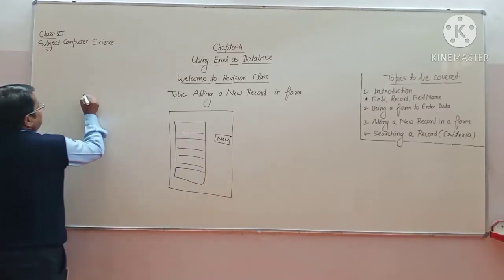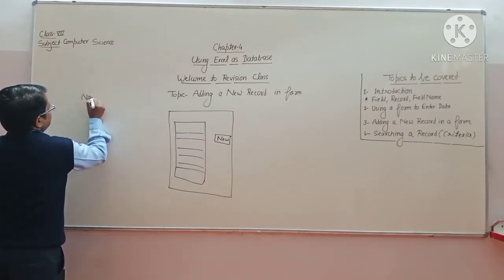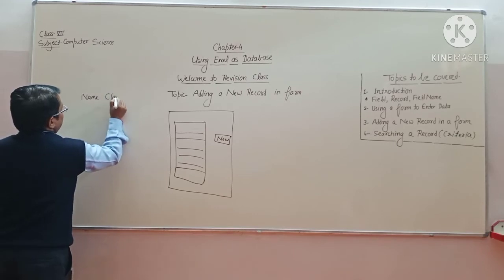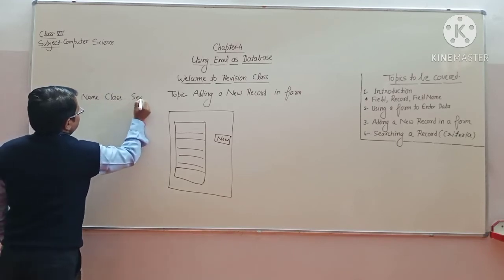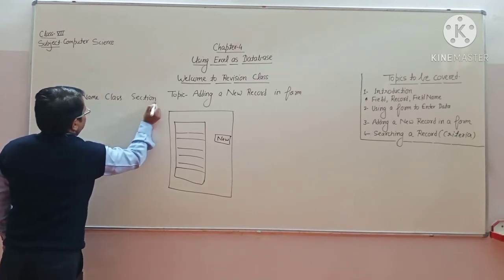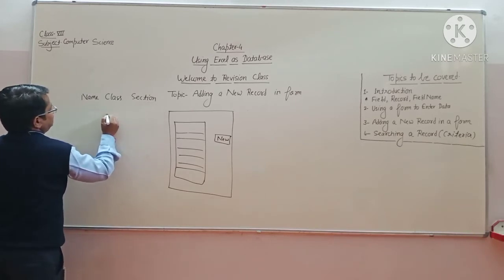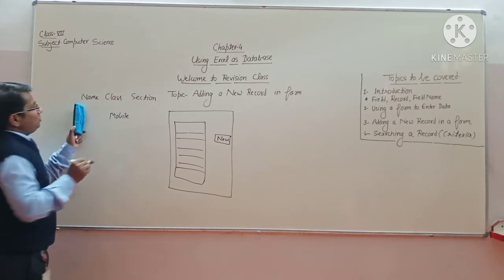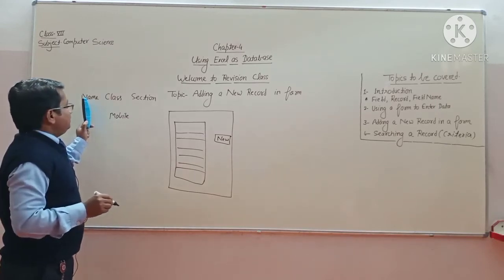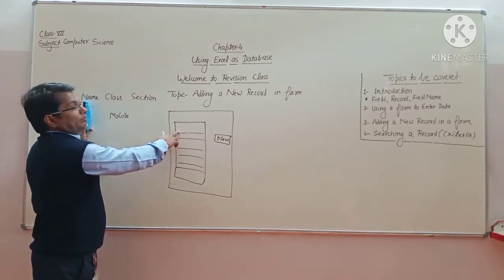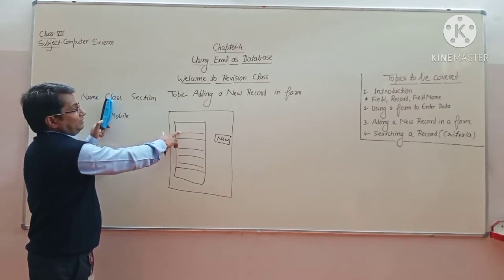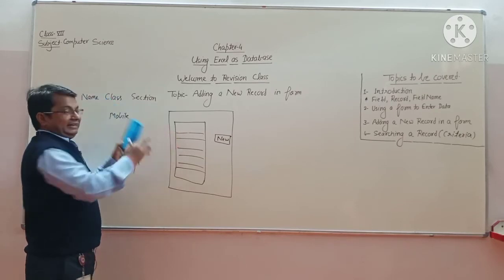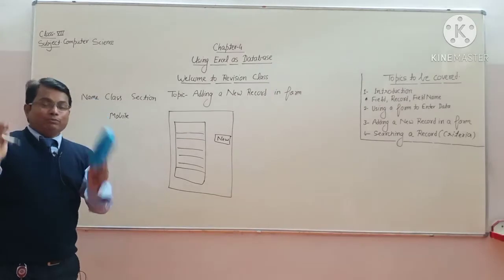Suppose in the Excel sheet you have written name, class, section, and then your mobile number. So right now, you will get one box with the name, then a box for class, then section, then mobile.